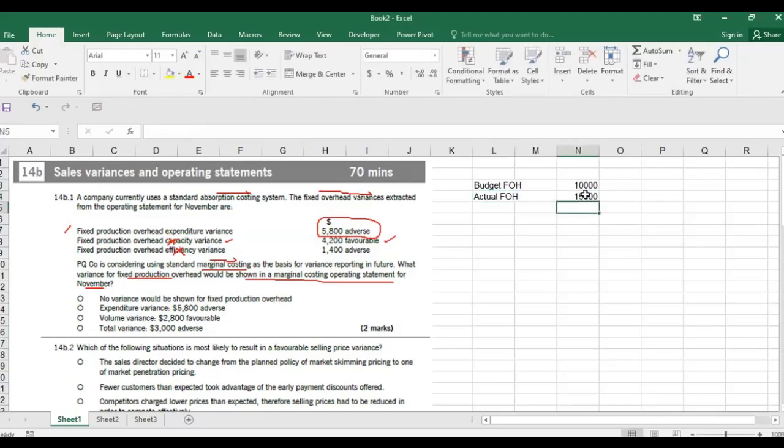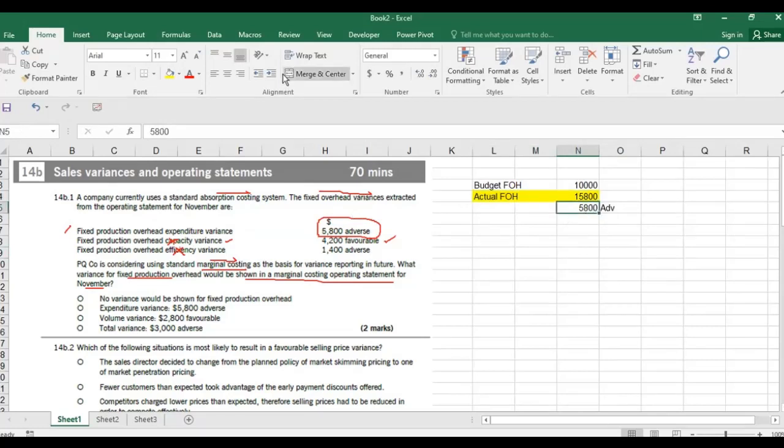I'm just supposing numbers, and therefore you have 5,800 adverse. So in marginal costing, you straight away write down 15,800 in your statement. That's all.